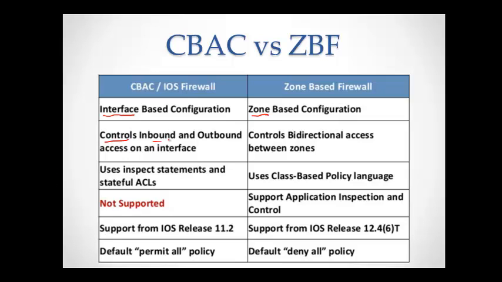CBAC controls inbound and outbound access on the interface, whereas this controls the inbound and outbound between the zones, not between the interfaces. So this is another very important difference between CBAC and zone-based. CBAC is interface centric, zone-based is zone centric.